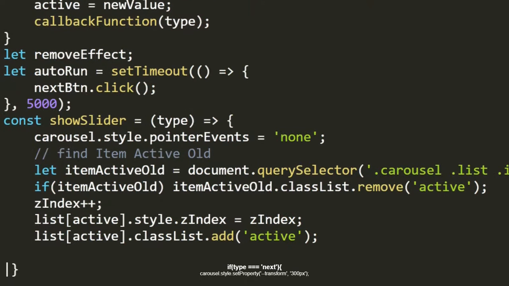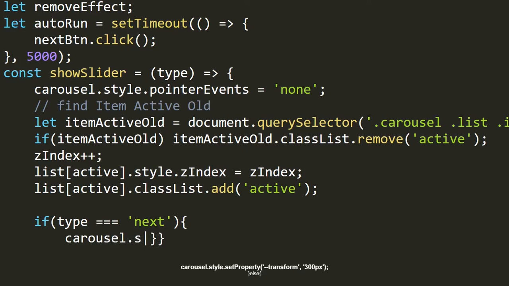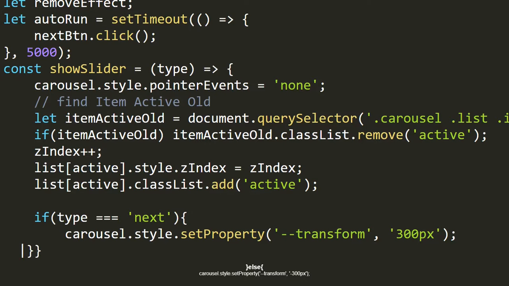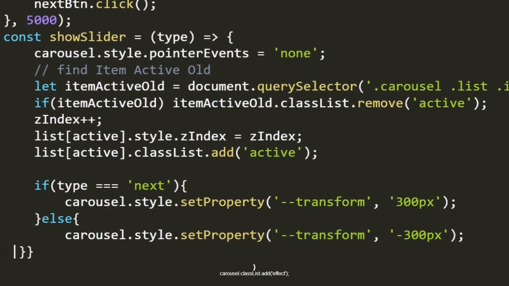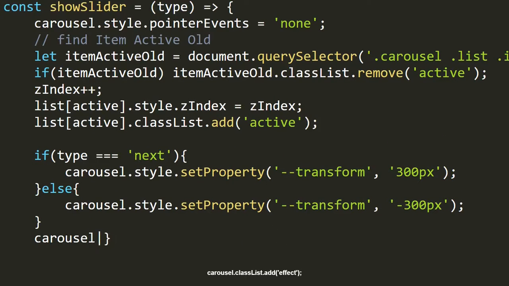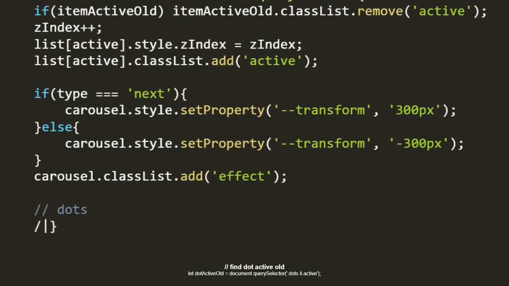Add active class to the current active item. Apply a translation effect based on the type, next or prev. Add the effect class to the carousel. Update the active dot.